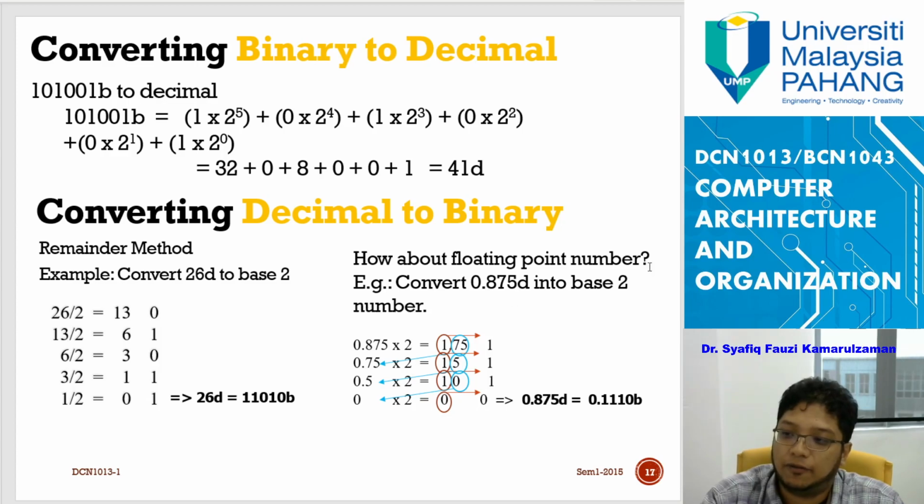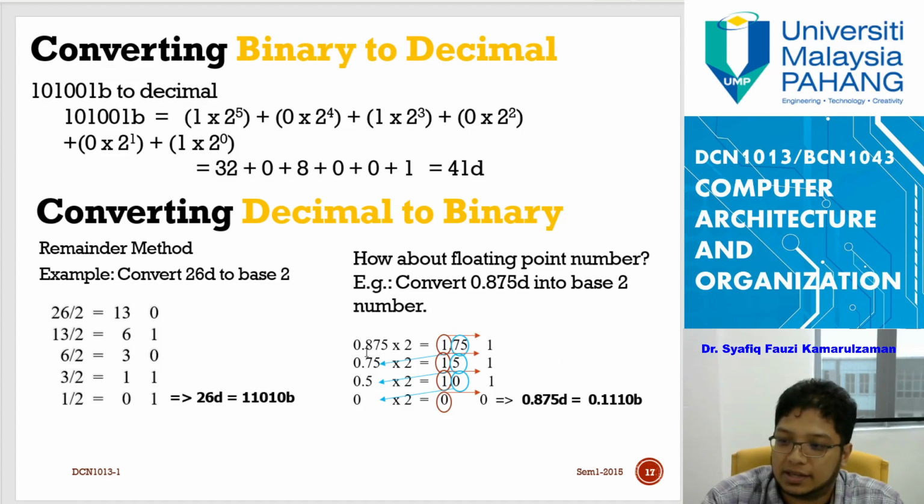In the case of a floating point number, how do you calculate? You convert it into binary. When you want to do it, you need to start with 0 point something. For a real number you start from the right, but for the floating point number you start from the left.